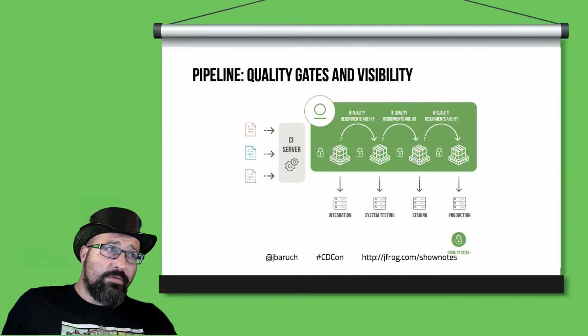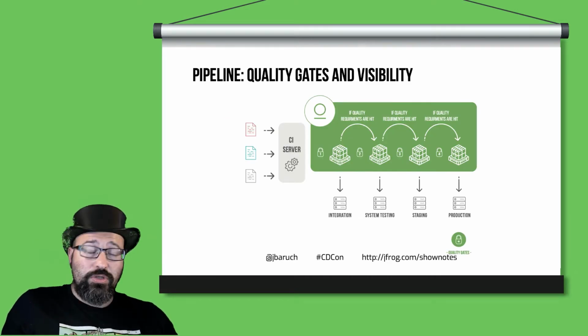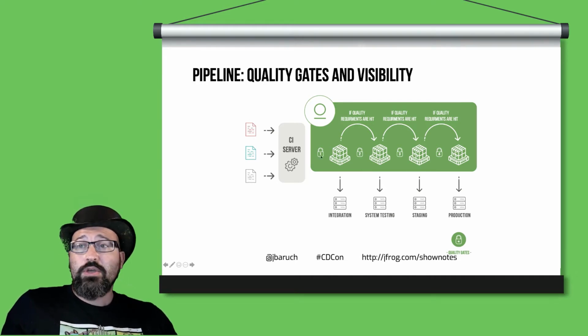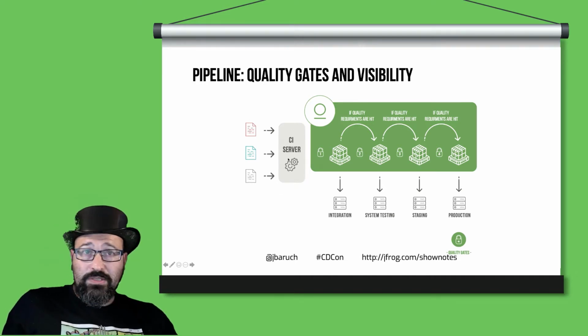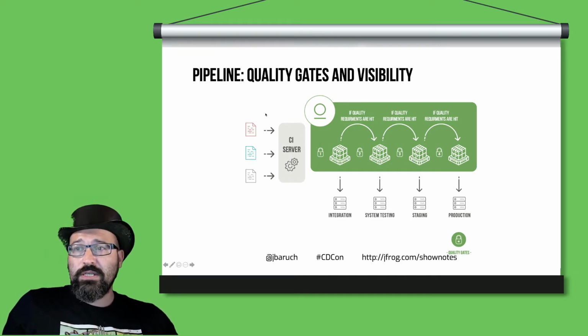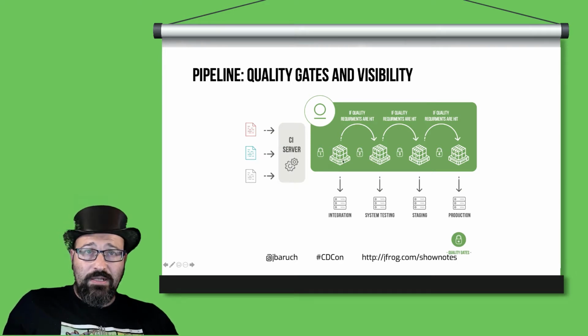And if we look at the same pyramid, the same promotion from a different angle, you can see here how you take the sources, you convert them to binaries with your CI server, and this is where the promotion actually begins. And the promotion is about taking artifacts, deploying them to the runtime environments, and then testing them on those environments.